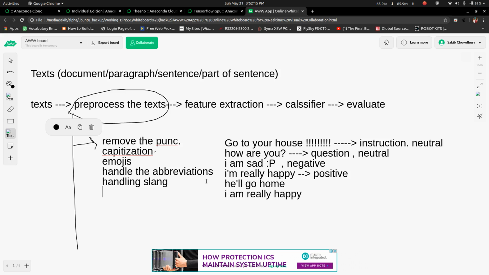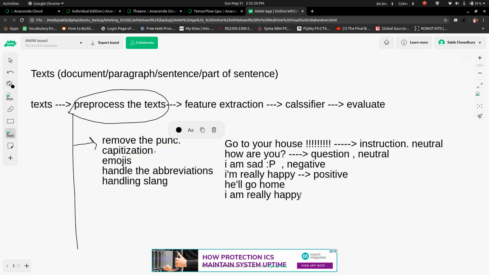Okay, next, let's suppose someone has written "I am really happy," and another has written "I am really HPY." So sometimes when we are using social media, we like to use very short forms, and some people like to use long forms, just as I have written happy in a short form like HPY.